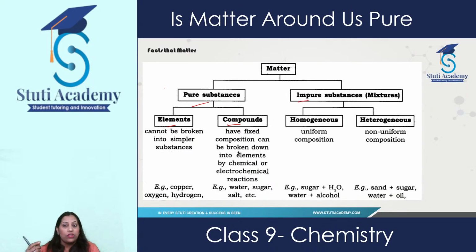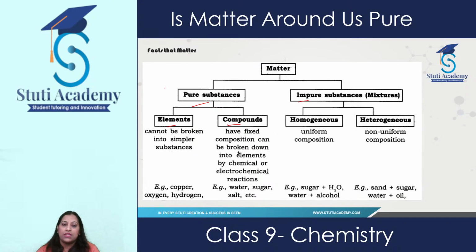But if we talk about seawater, seawater is a combination of many impurities. Apart from water, it has salt also. So it doesn't come under the category of pure substances. That's the difference between pure and impure substances.